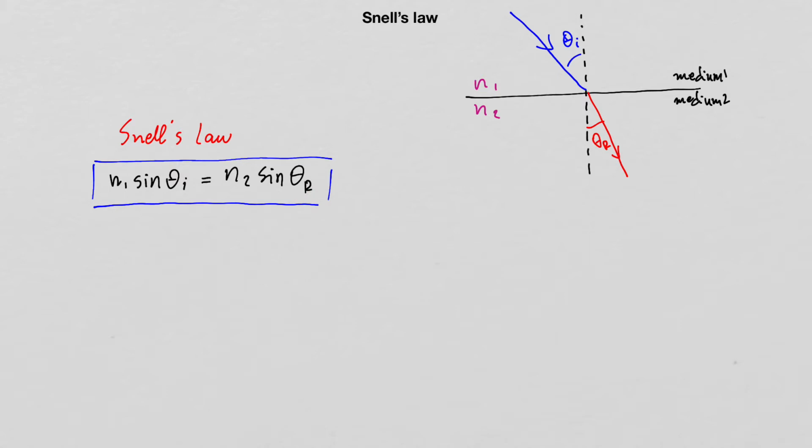This applies for any two media with indices of refraction n1 and n2, and for any set of angles of incidence and refraction. So from here, you could find any of the four quantities if you needed to. You can find any of the indices of refraction or any of the two angles.